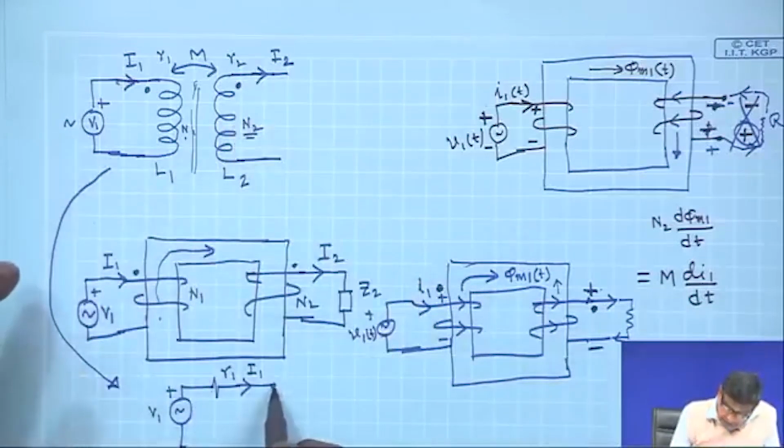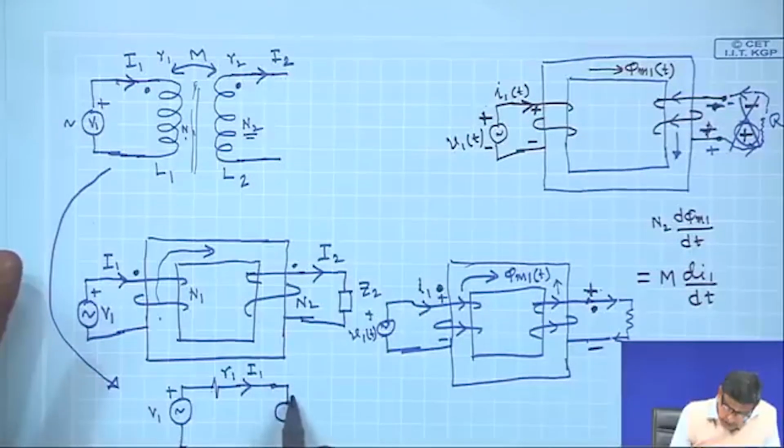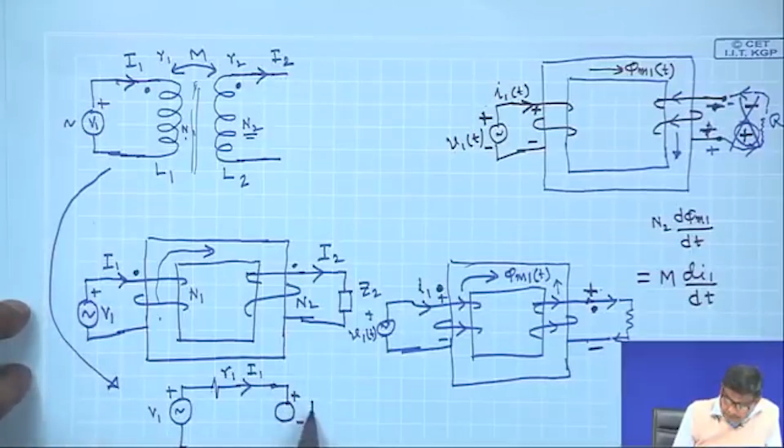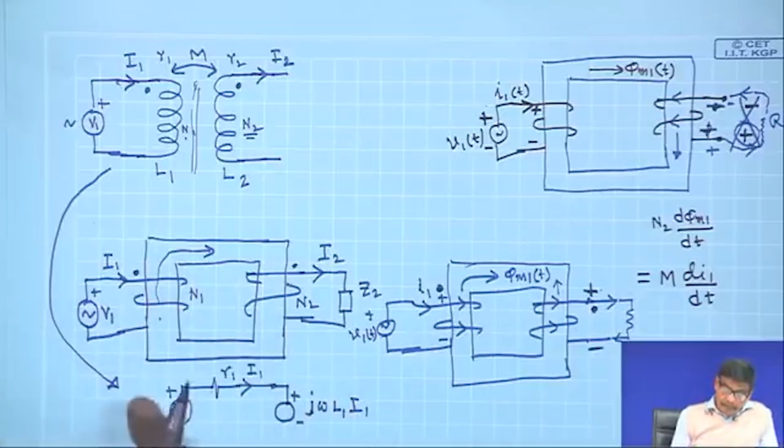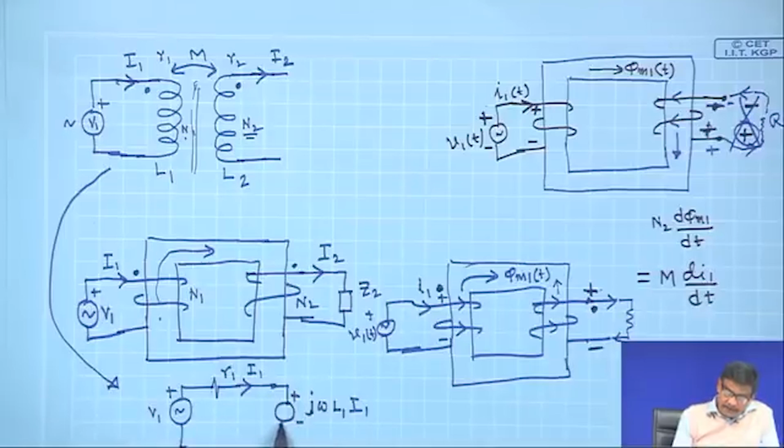But what I am telling in terms of inductances, this is also another source of voltage plus minus j omega L 1 I 1, self inductance of the coil. If I 2 is 0, then if this side is open circuited, V 1 is equal to j omega L 1 I 1.